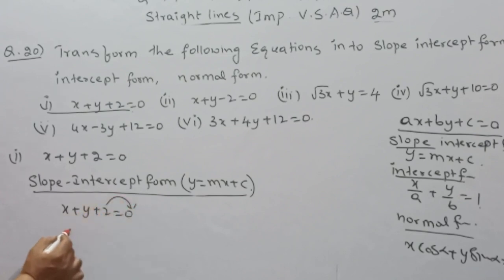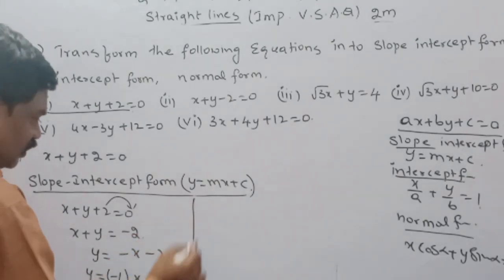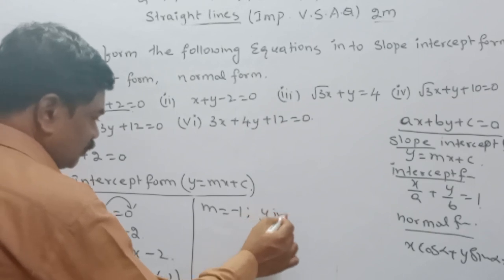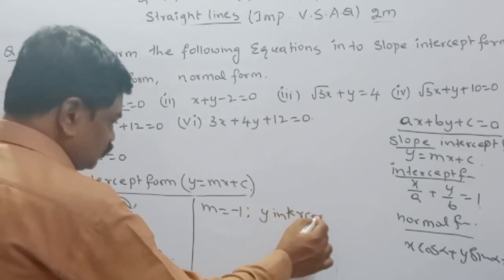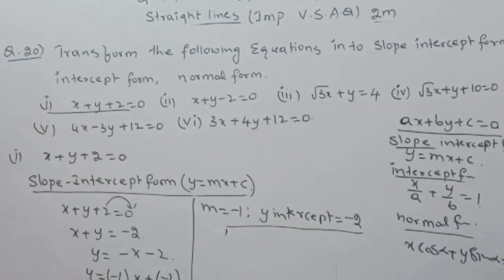Moving to this side, x plus y is equal to minus 2, and y is equal to minus x minus 2, that is y is equal to minus 1 into x plus of minus 2. What is m here? m is equal to minus 1, and the y intercept is equal to minus 2. So this is the slope intercept form y is equal to mx plus c.